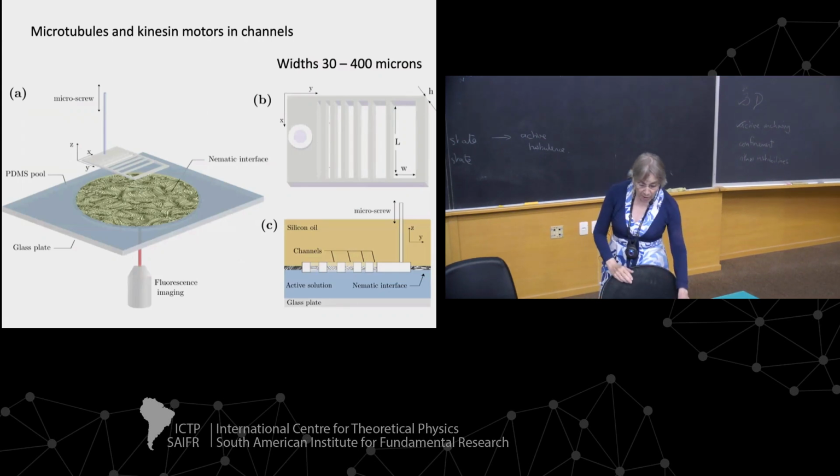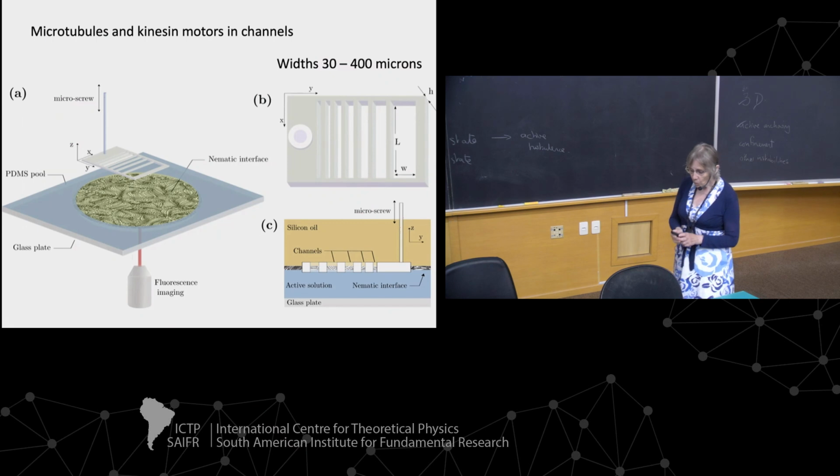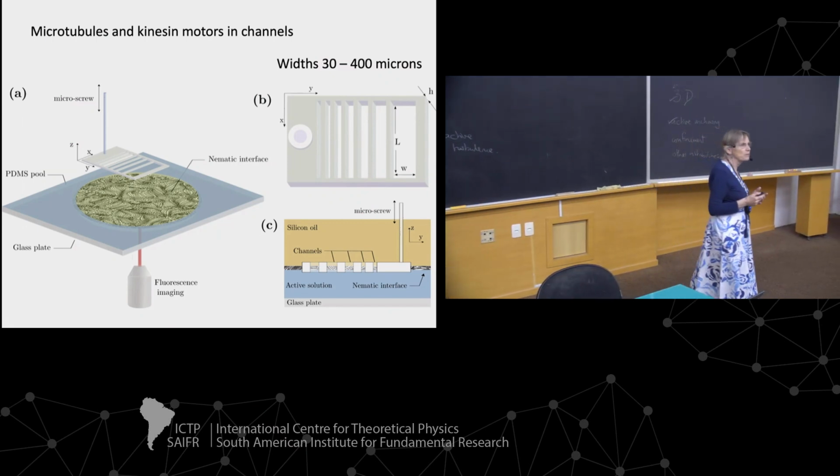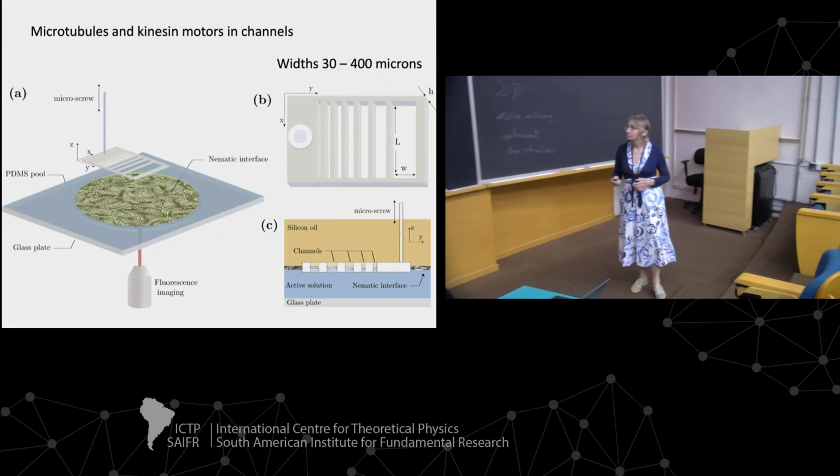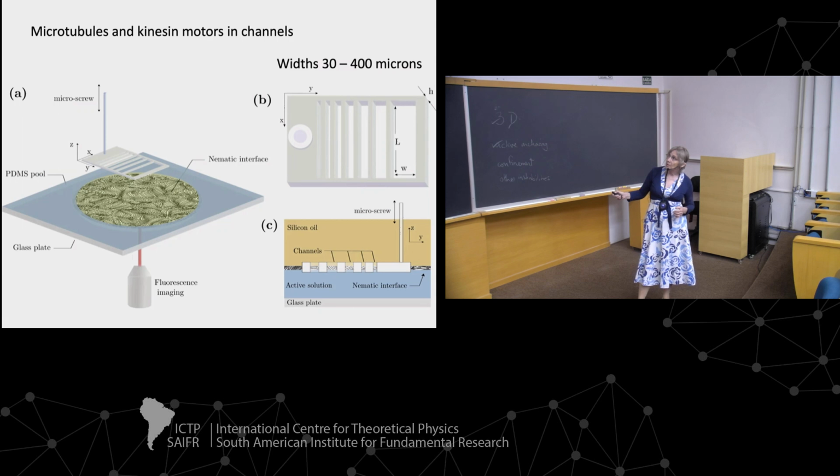So these are experiments in Francesc Sagués' group. They wanted to look at this flow in channels. So they put this active microtubule motor mixture here. This is a two-dimensional layer. And then they put this thing with holes in on top of it.